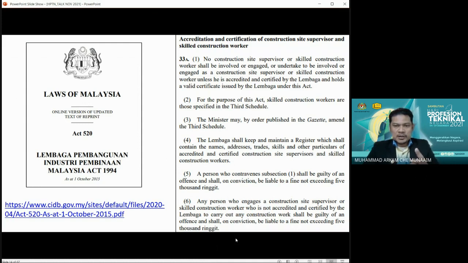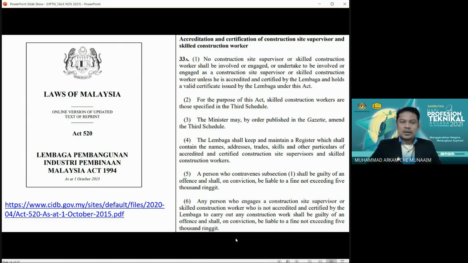So the first fine goes to the person who is claiming that he is doing the supervision work. The second fine goes straight to the employer, for people who engage that construction site supervisor or skilled construction workers according to the Third Schedule of the Act.